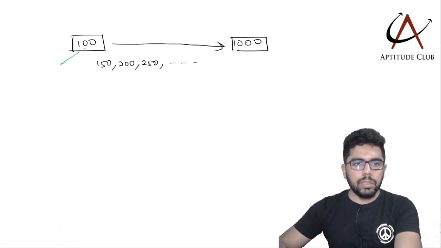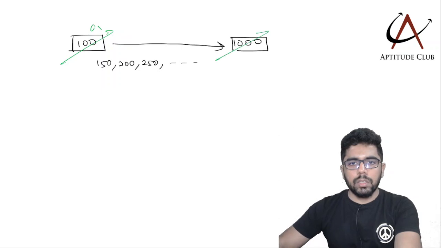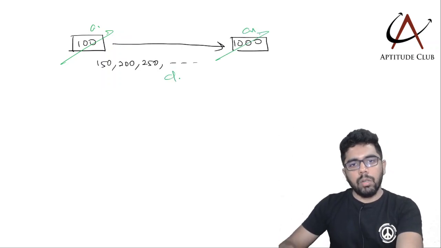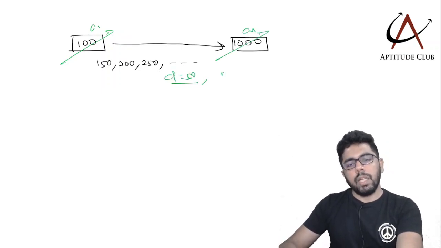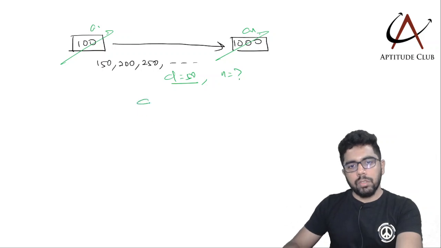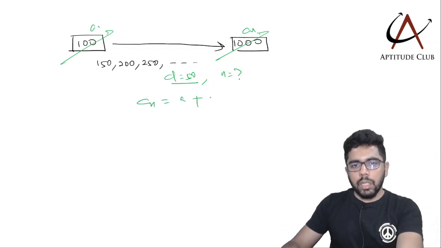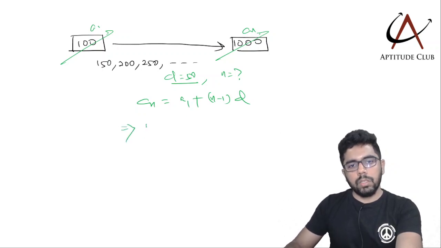There's a common difference. This is the first term a1. This is the nth term an, and common difference d is 50. I'll have to figure out the number of terms. So I know an is a plus n minus 1d, or a1 plus n minus 1d.